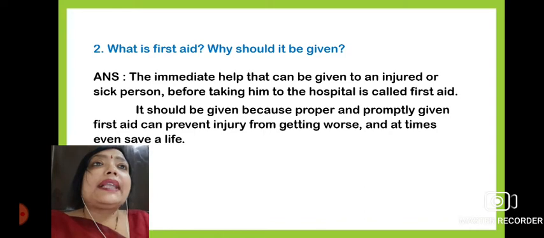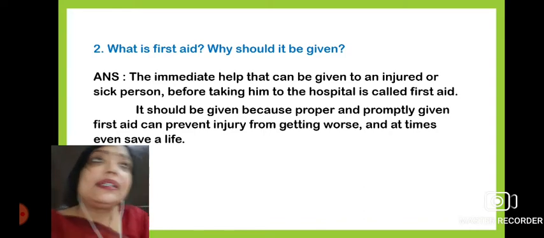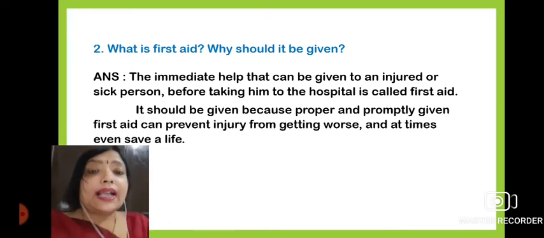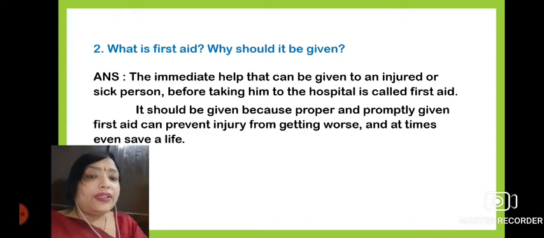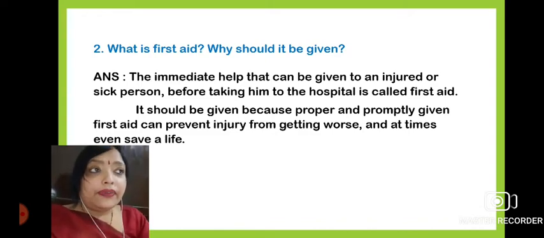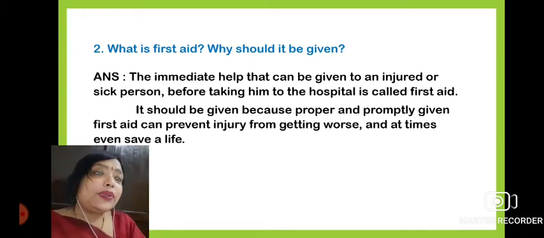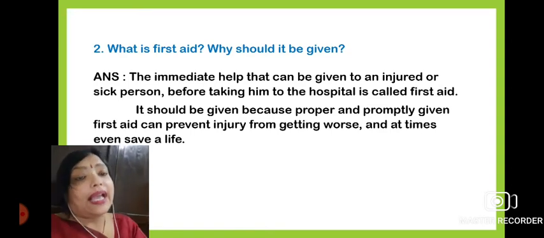Prompt means at the time of the accident only, the first aid process should have been there. Otherwise, if the accident occurred and after 1 hour we are thinking of giving first aid, obviously that is not the right case for the patient. Okay, so that is prompt. And another one is proper, that is, whichever type of accident has happened, we should know the first aid to be given in that particular accident.